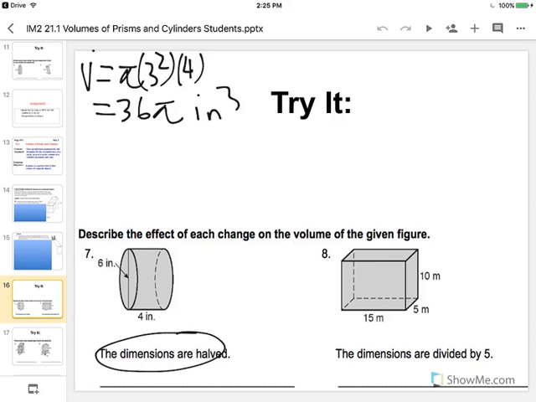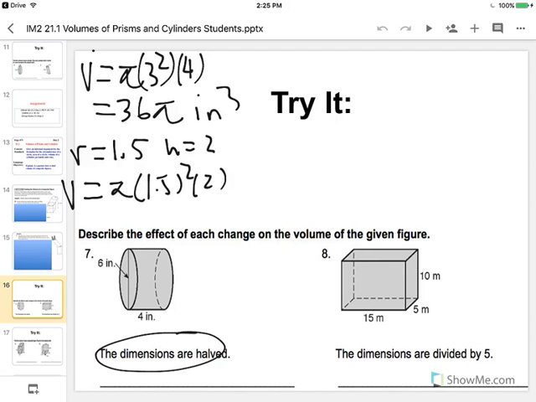The radius is half of 3, so it would be 1.5. Half of 4, so the height would be 2. So your volume is pi times 1.5 squared times 2. This will give us 4.5 pi inches cubed.